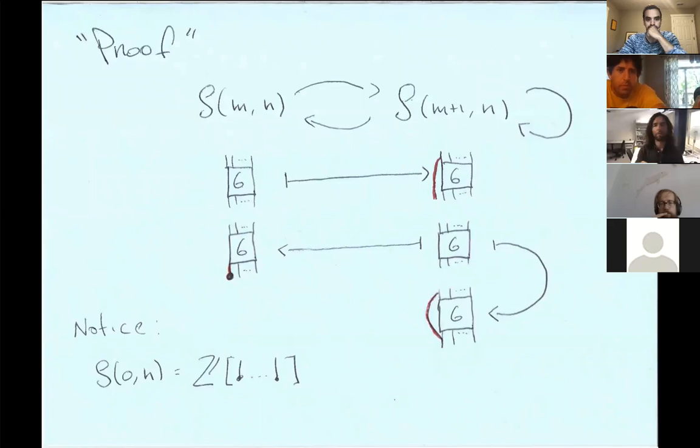What I'm going to explain is how to compare the biarity m, n and the biarity m plus 1, n. So what happens when we increase the number of inputs? The claim is that these two are chain homotopy equivalent.